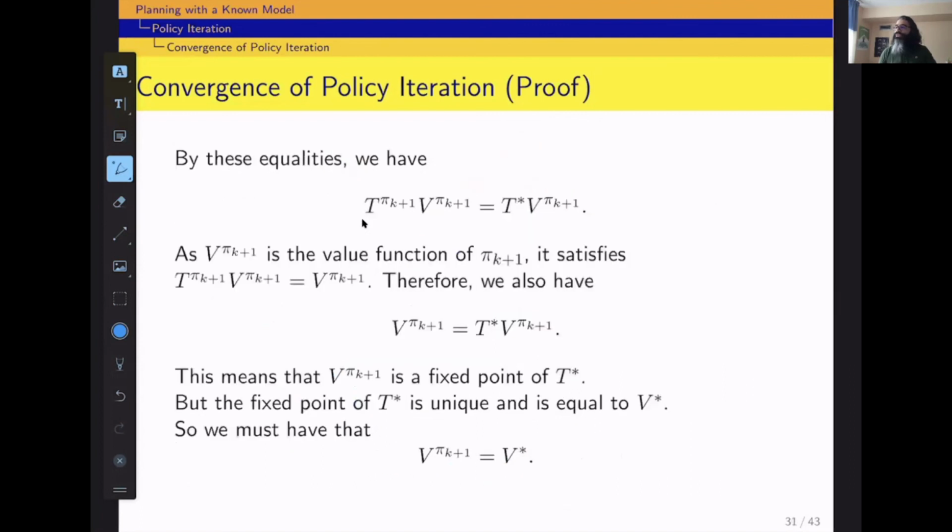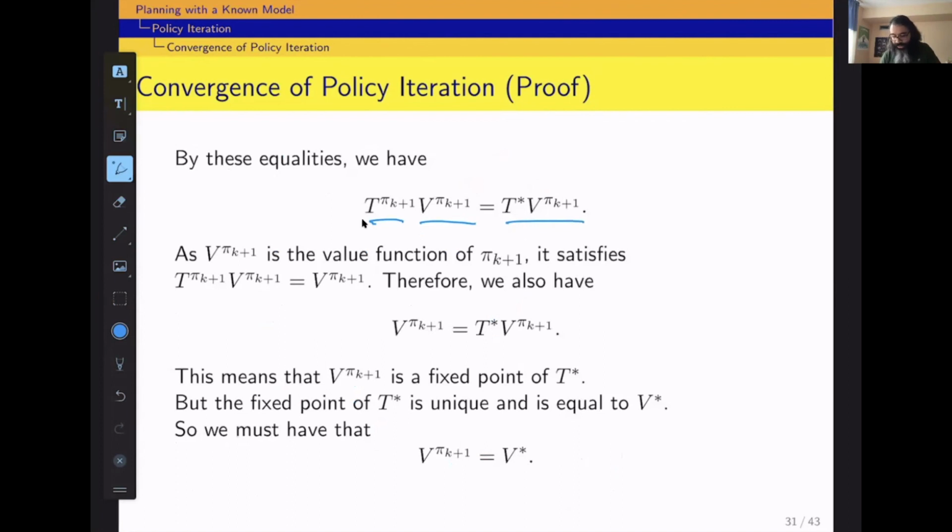Okay, so let's see. I just bring back what I want from the previous slide. So T of pi k plus 1 applied to V of pi k plus 1 is equal to T star V pi k plus 1. And as V pi k plus 1 is the value function of pi k plus 1, it should satisfy its Bellman equation.